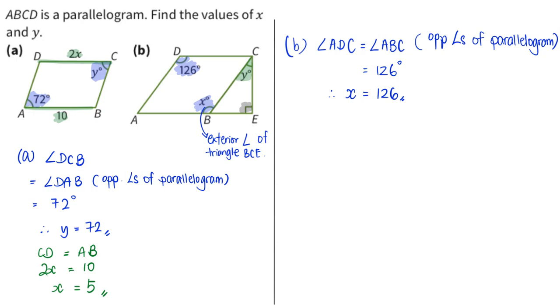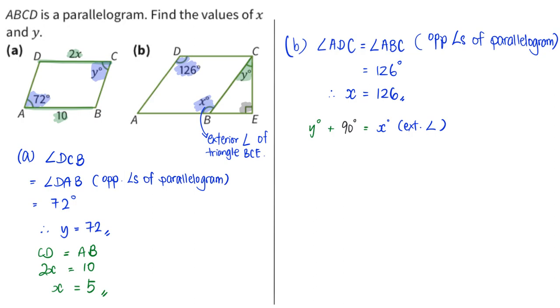which is, my y degrees plus my 90 degrees for angle BEC is actually equal to x degrees, because x degrees is the exterior angle of the triangle BCE.